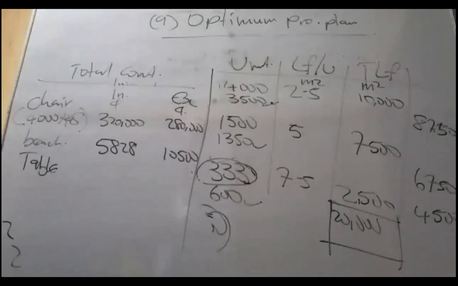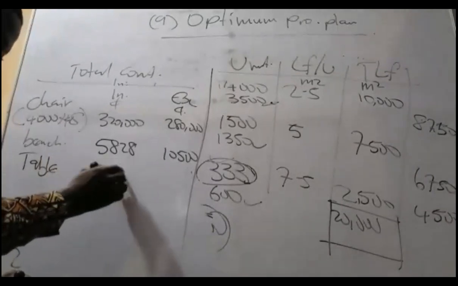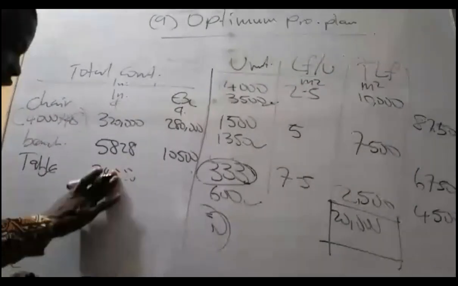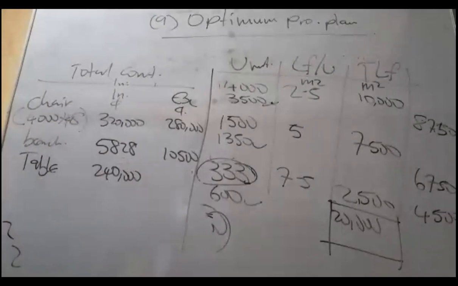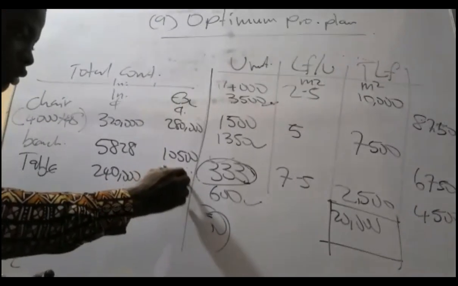That'll give us 24,000. So that's inclusive. Then if we take it off, we are taking 1,350 by 16. That'll give us 21,600.